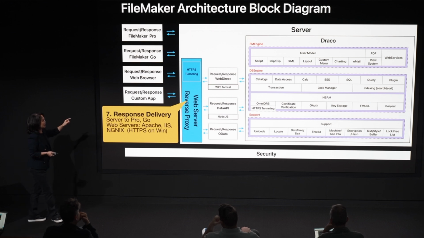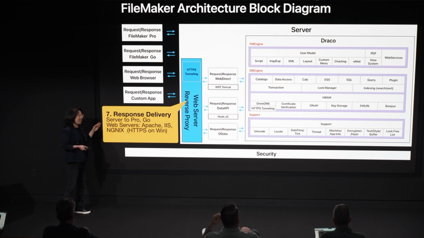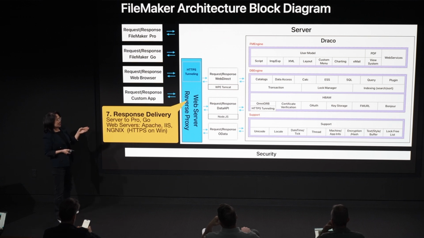All responses are delivered back the same path they came in. So FileMaker Server delivers the response back to Pro and Go. The rest will go through the same web server reverse proxy. For Mac, it's Apache. For Windows, we use IIS, and for Ubuntu, we use Nginx as the web server reverse proxy.